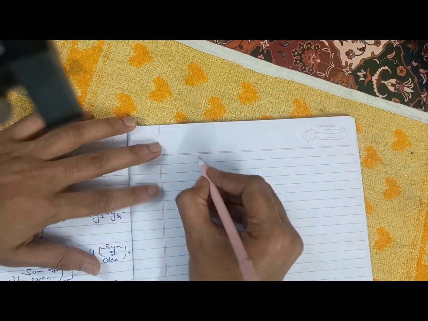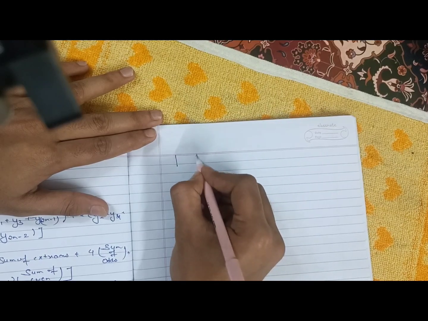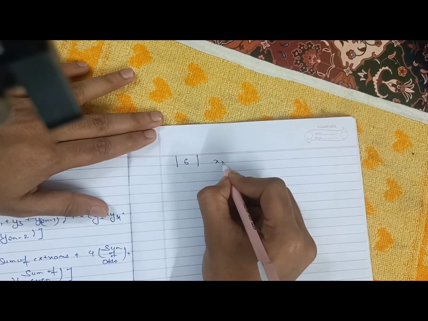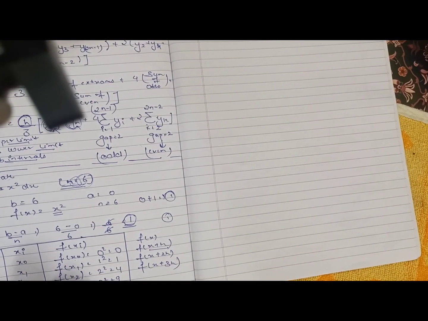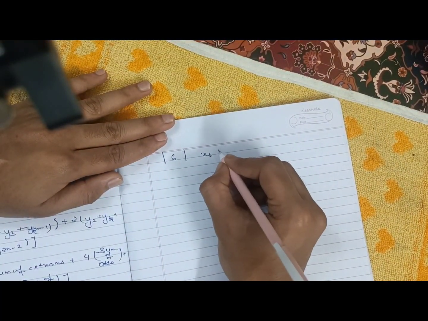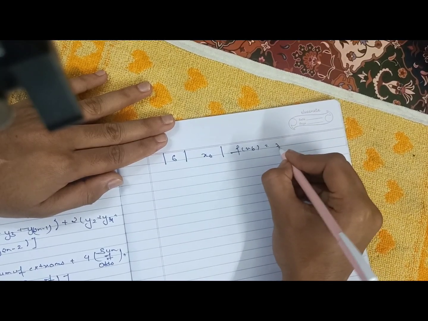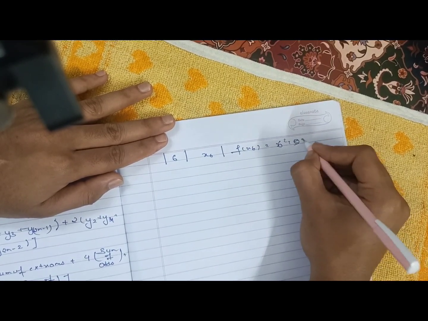And here I am writing x6, f of 6, which is 6 square, equal to 36, sorry.